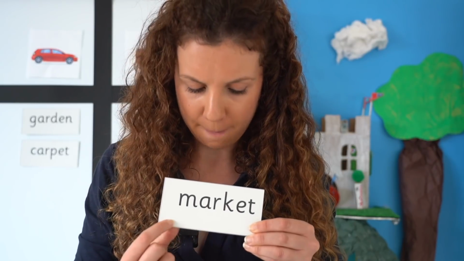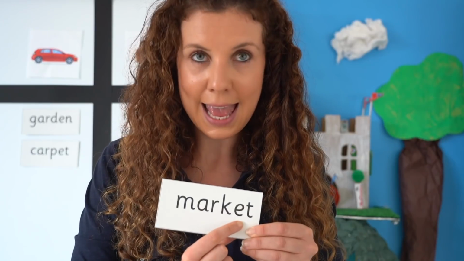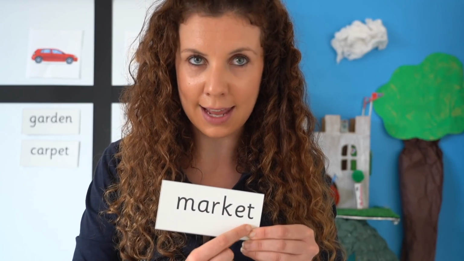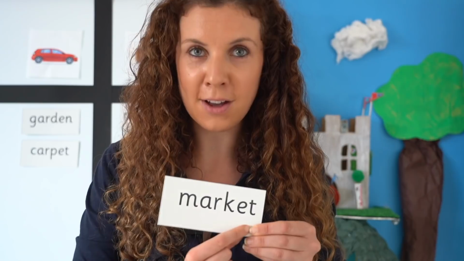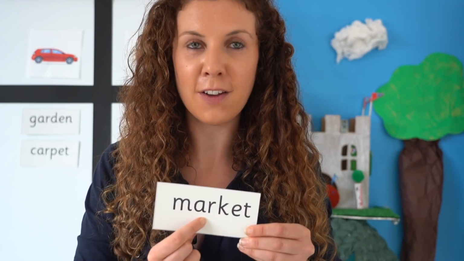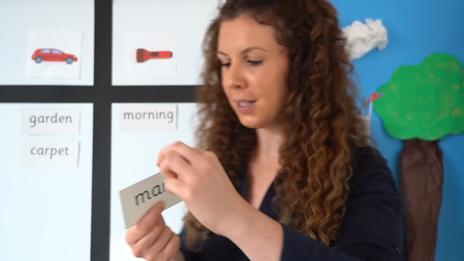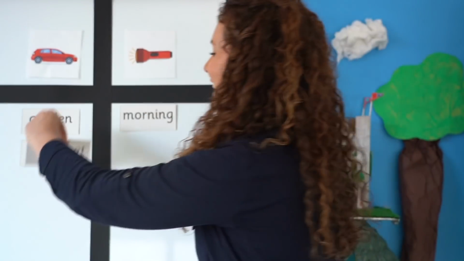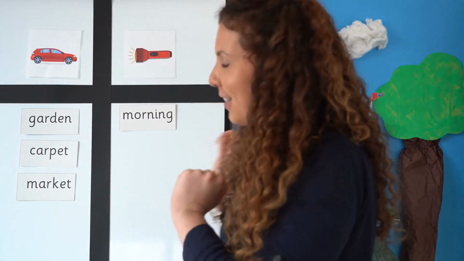Ar, mark, et, market. That's right, it has the grapheme R. So we'll put it under the car. Super, well done. Let's try another word.